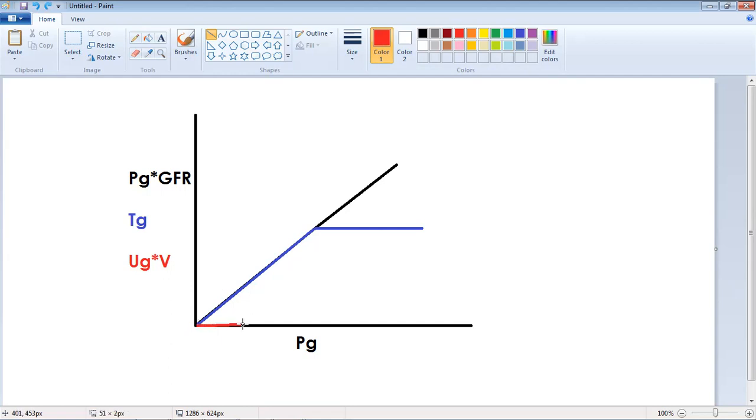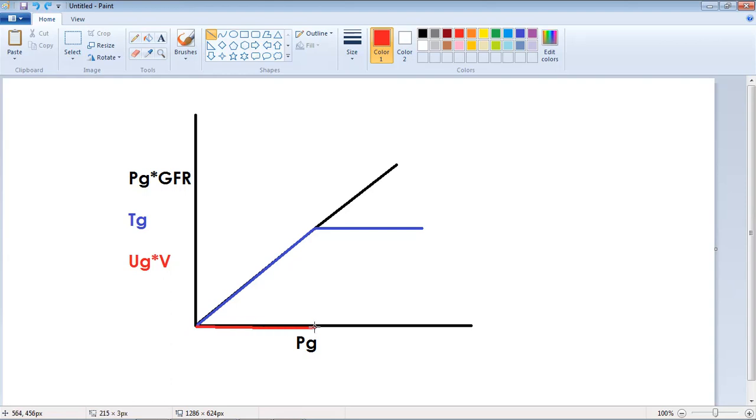In the urine, the concentration of glucose is nil till this point. And when the glucose transport will no longer increase, the TG curve becomes flattened. That is the point.